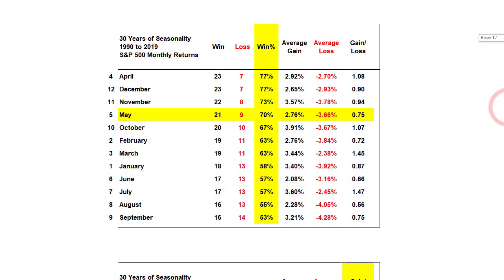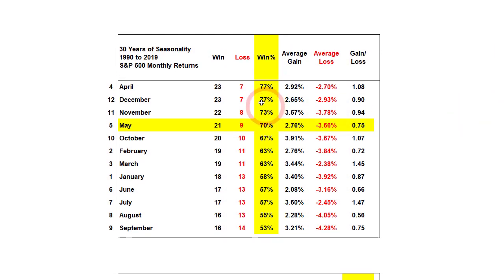So here we are sorted by win percent. And you can see the best 3 months, April has the most winning months. 77% of the time it's up. December and November are also up over 70%, and May is up over 70% of the time. So much for sell in May and go away.